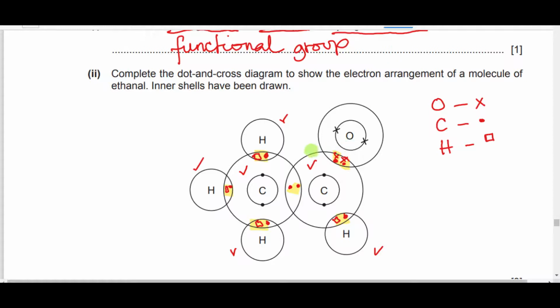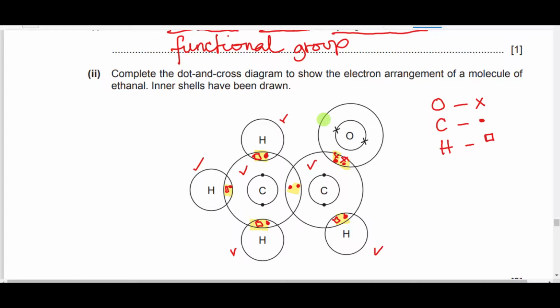Now oxygen, is it complete? Let's see. Oxygen is 1 2, right? So it's not complete. Oxygen is meant to have 8, right? So for it to have only 4, it needs 4 more electrons.